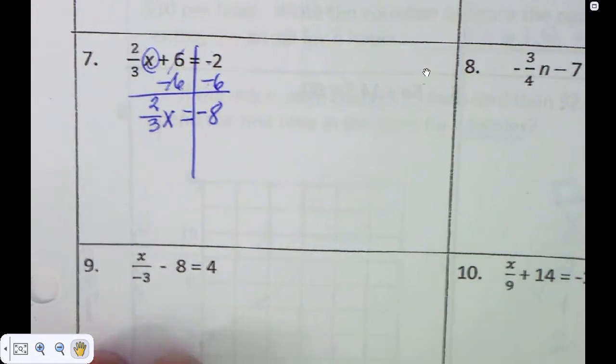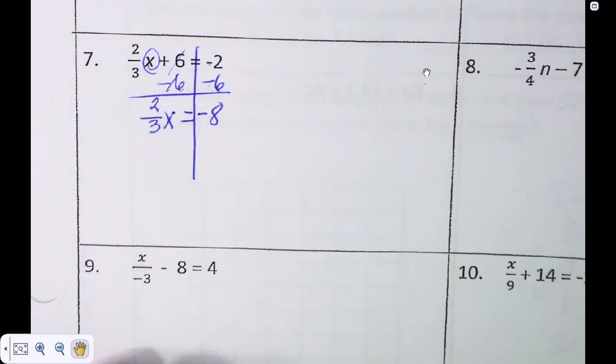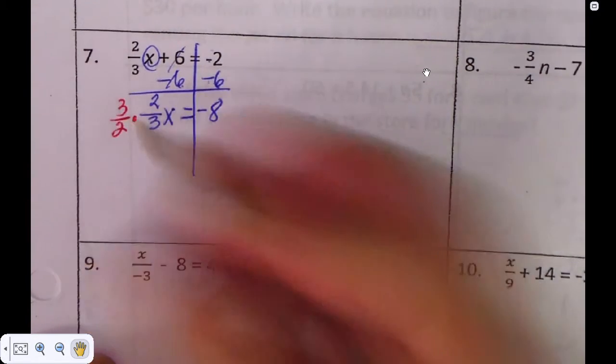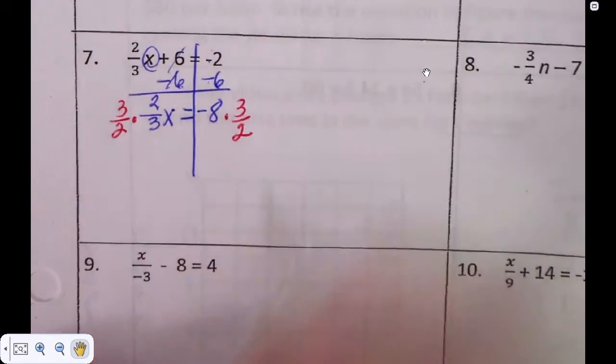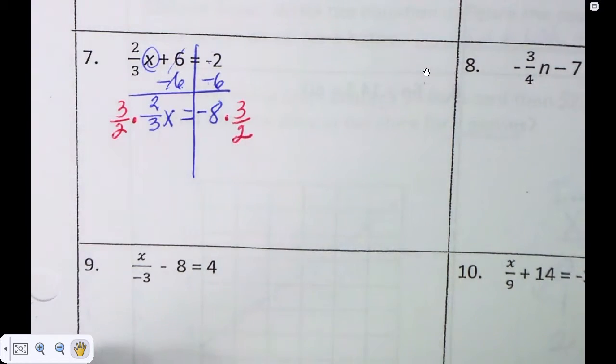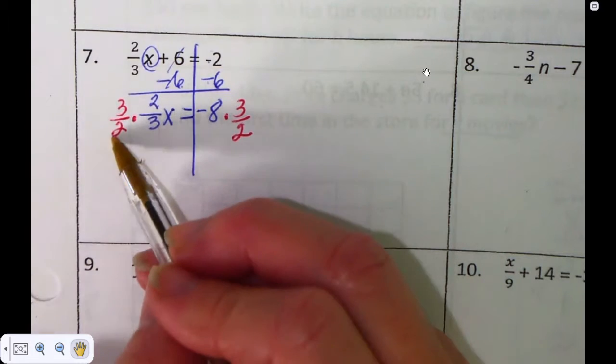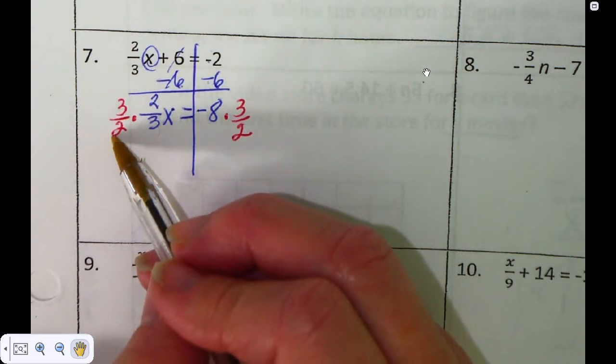Now, what is the coefficient? 2/3. What's the reciprocal? 3/2. Because remember, anytime you multiply a number by its reciprocal, you're going to get 1.